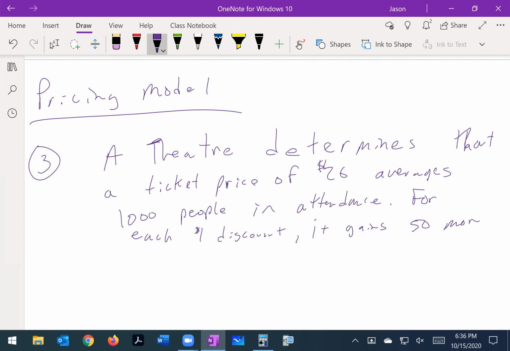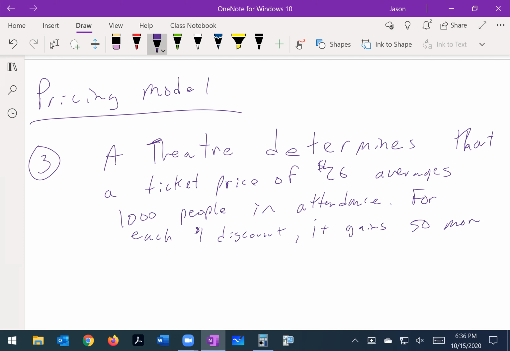So what's the ticket price? Well, the price is going to equal 26 minus 1 times N. Okay, this is the number of $1 discounts, right? If I give $3 in discount, then that would be a $23 ticket. Okay, so which is just 26 minus N.